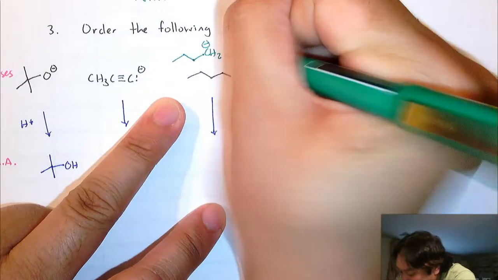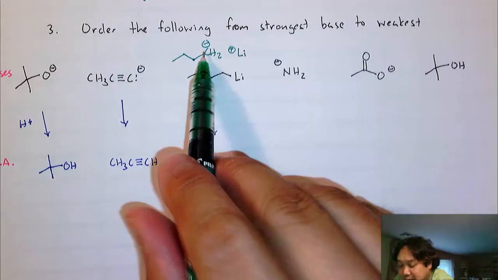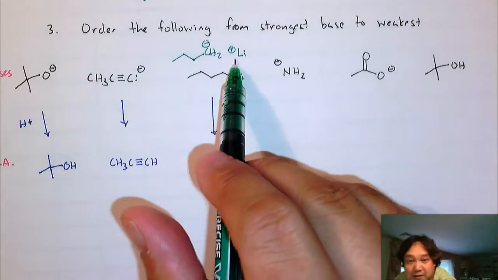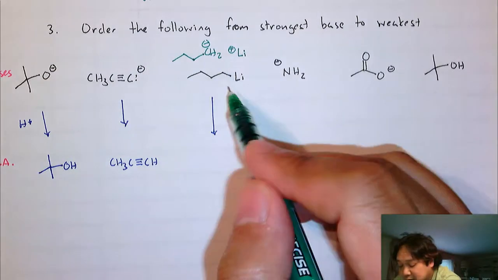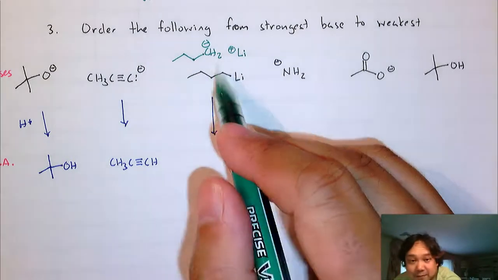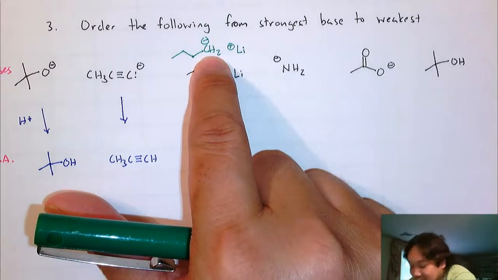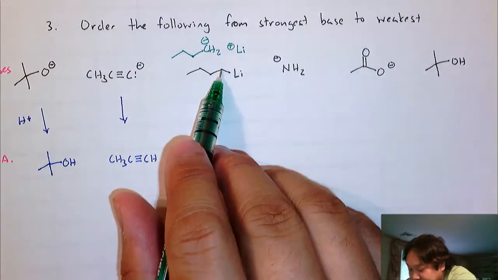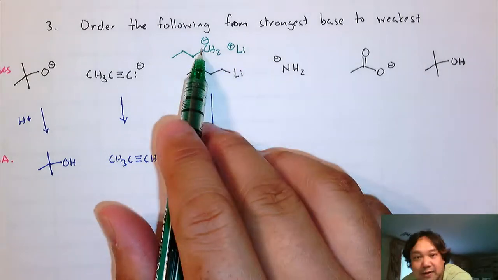CH2 minus plus Li. How did I know it was minus? Because Li is positive, and if it's ionic, a salt, it could definitely separate into its two ions. How did I know this was two hydrogens? There literally are two hydrogens here, but also Li is plus, so the counterion has to be negative.